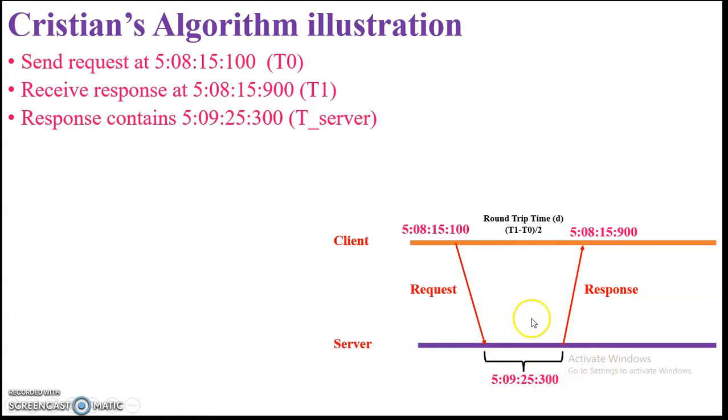The server forms a response and gives its own timestamp, whatever timestamp is there on its own clock, and sends that back as a response to the client as T1. Now what is T1? T1 is 5 hours, 8 minutes, 15 seconds and 900 milliseconds. And the response that was sent by the server contained the timestamp 5 hours, 9 minutes, 25 seconds and 300 milliseconds.